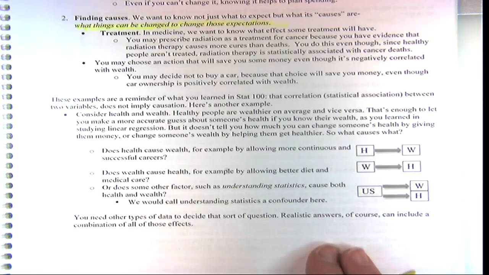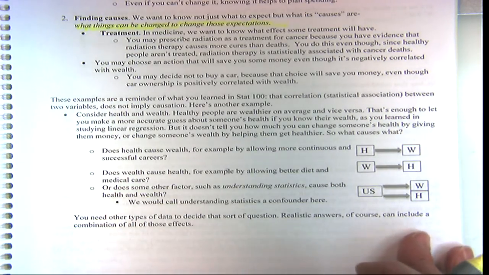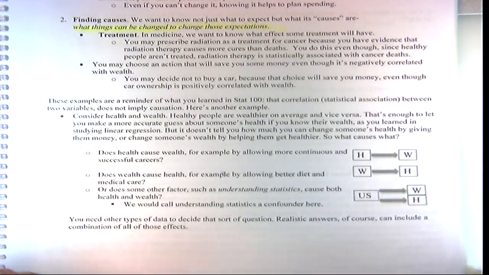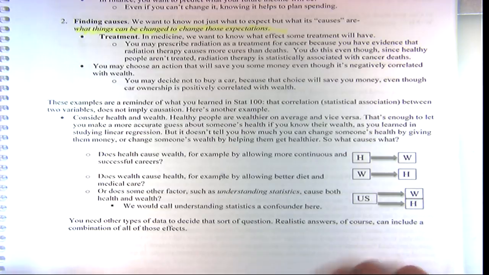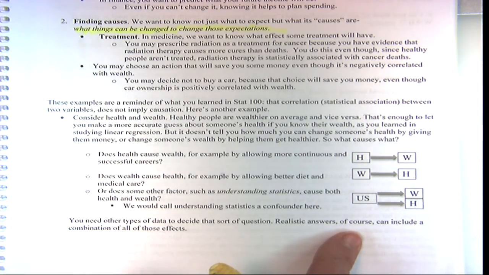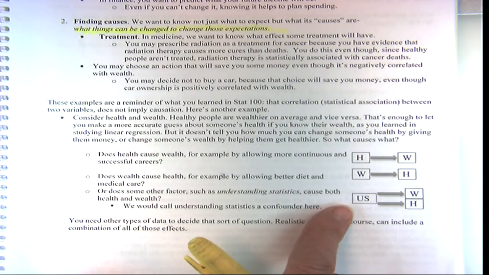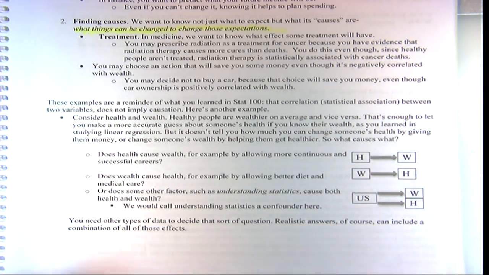Okay, and we saw last time that randomized experiments are what allow you to conclude causation. But you can't always do a randomized experiment. For example, could you do a randomized experiment to get at this? What would you do? You'd have to randomly make people sick or something, and then see if their wealth goes down. How can you do that?